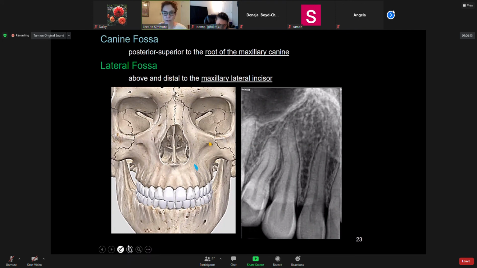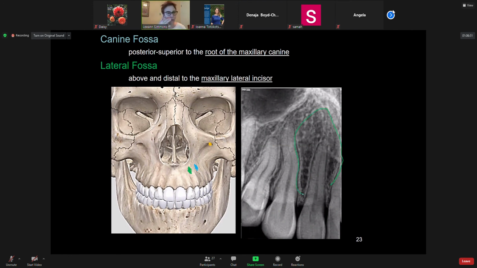The lateral fossa is more associated with the lateral incisor. Again, it's above or superior to, and then distal to the maxillary lateral. So right about here, okay? So that's the lateral fossa. We can't see the canine fossa on an x-ray, but the lateral fossa does show up, and I'm going to outline it here because it shows up as this darkness around the root of a lateral incisor.